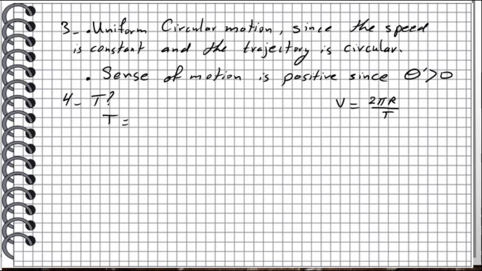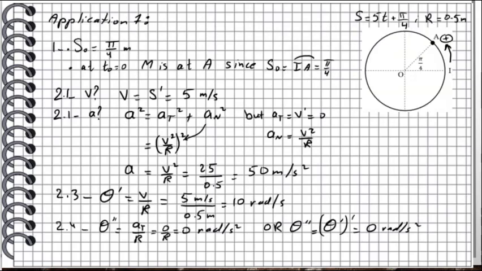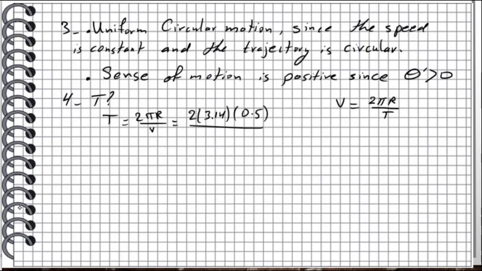T equal 2 pi r divided by v. 2 multiplied by 3.14 multiplied by the radius, which was 0.5, divided by the speed, which was 5, and let's go. It's 0.63 seconds.